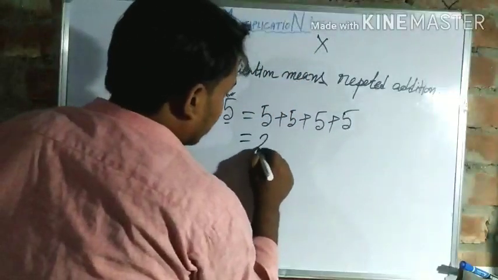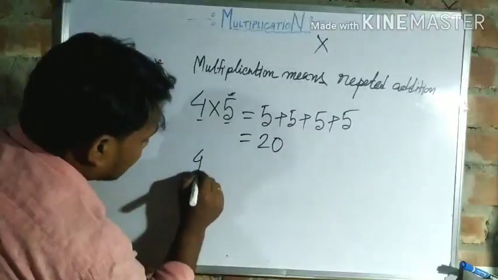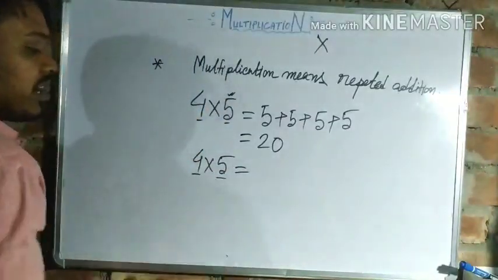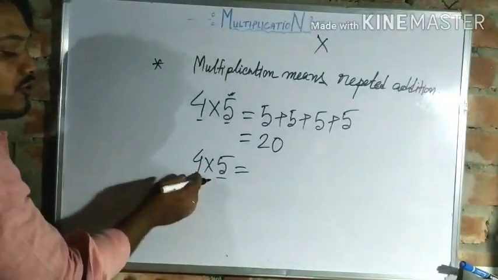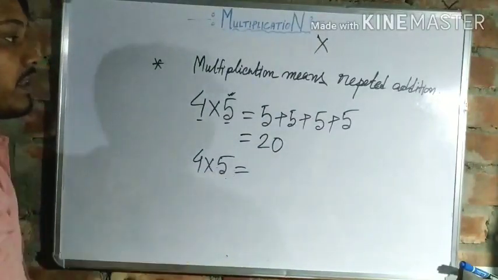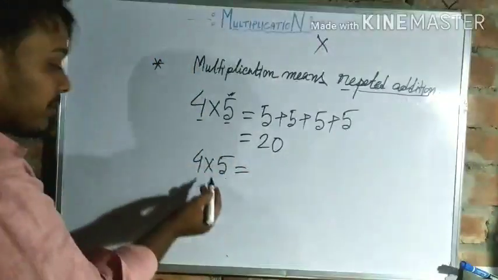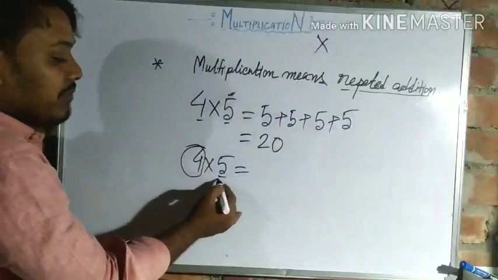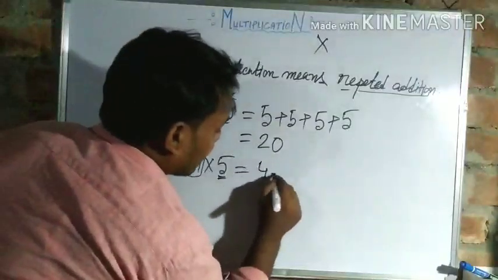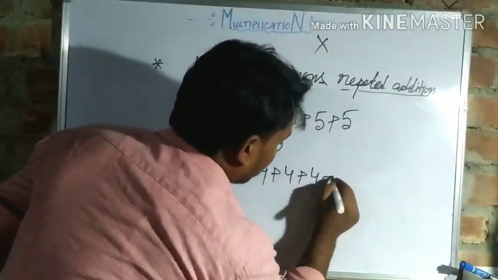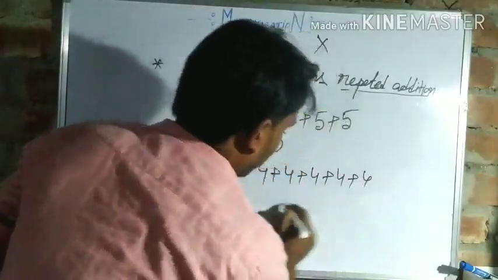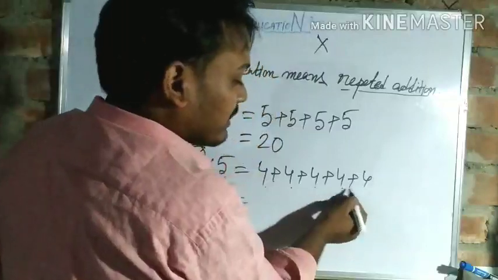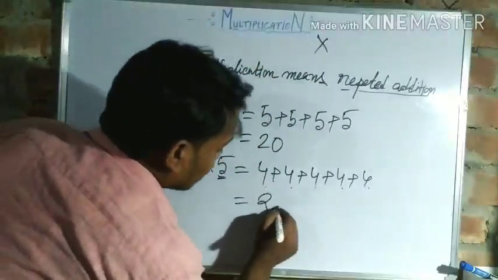So what is the result? 20. Or you can say 4 times 5 or 5 times 4. We add 4 repeatedly, 5 times: 4 plus 4 plus 4 plus 4 plus 4. 4 and 4 is 8, 12, 16, 20. So 20.